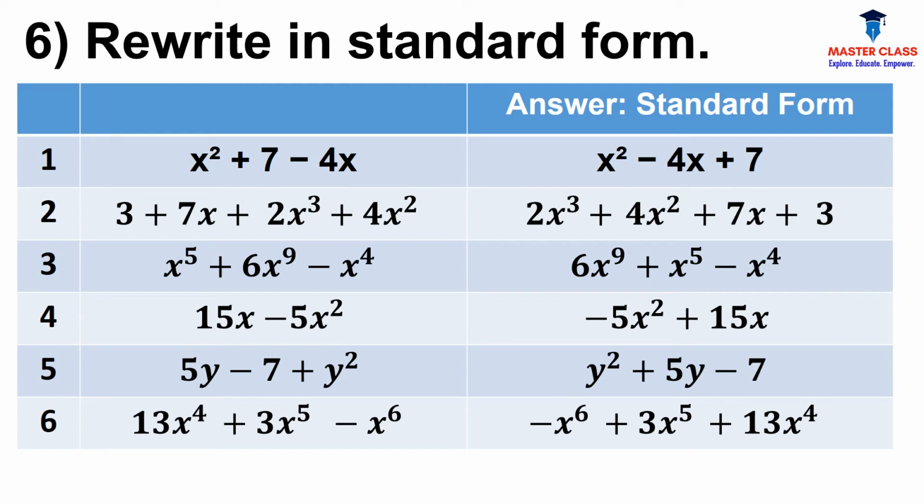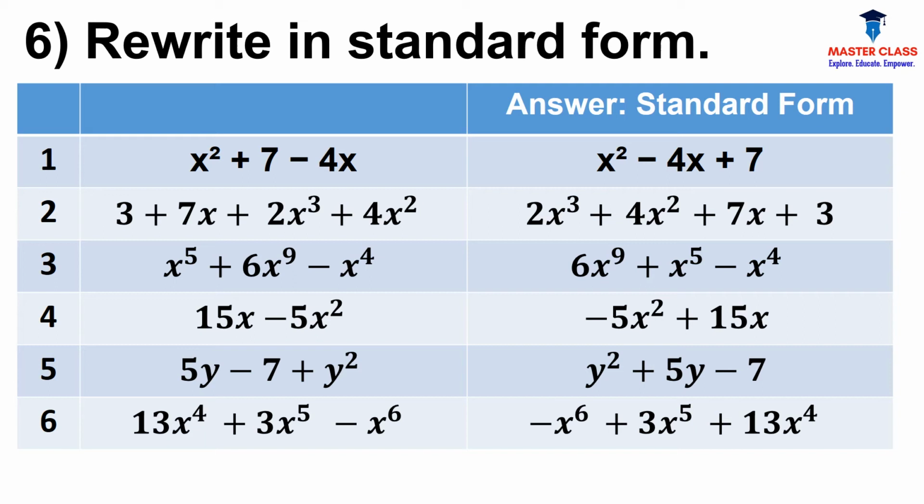must be written as 6x raised to 9 plus x raised to 5 minus x raised to 4 to make it in standard form. The polynomial 15x minus 5x square must be written as minus 5x square plus 15x to make it in standard form.